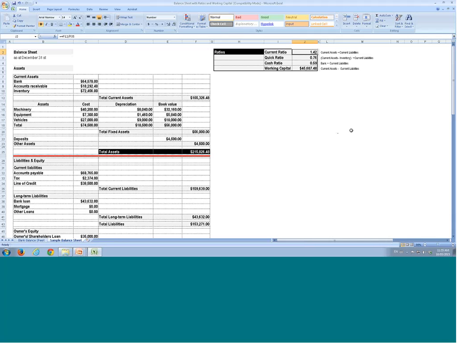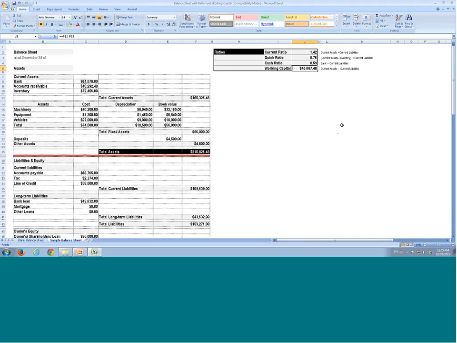And the other one that they look at is the cash ratio. So do you have enough cash in your business to pay your current liabilities? They would look at this number, and they've got a number that they're comfortable with that'll help them make the decision whether they're going to finance your business. And the last one we've got here is your working capital, which is your current assets minus your current liabilities.